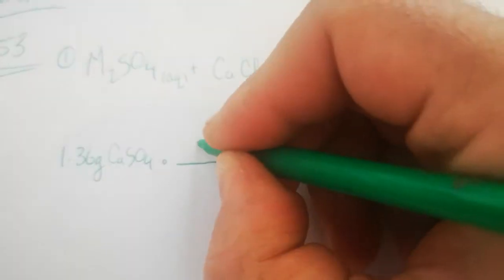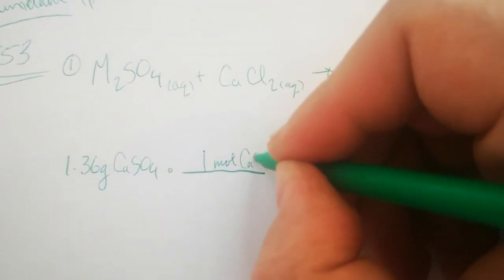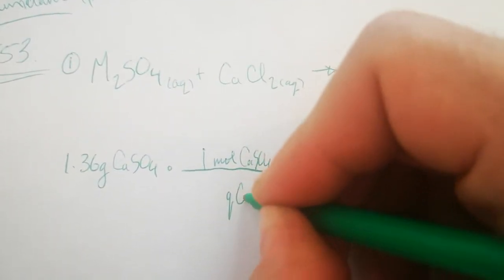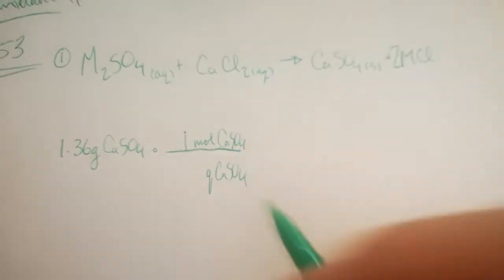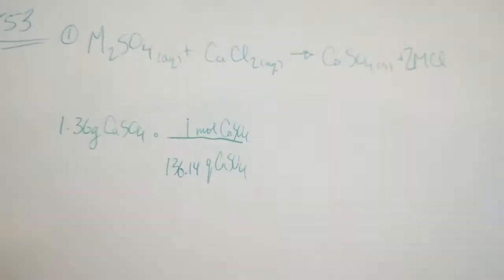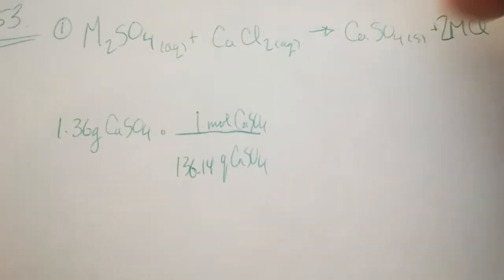So 1 mole of CaSO4 is, I looked this up before, 136.14 grams, I believe. Kind of a coincidence, 136 there, so it seems to jive.